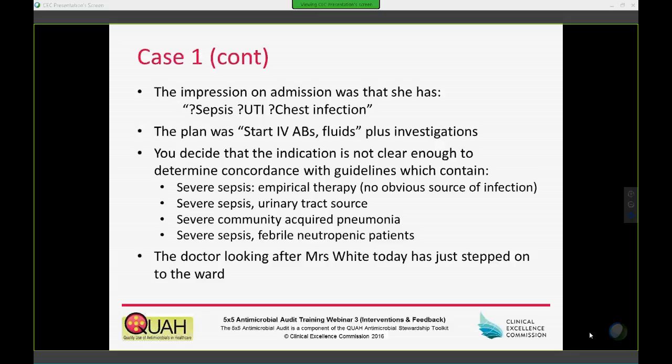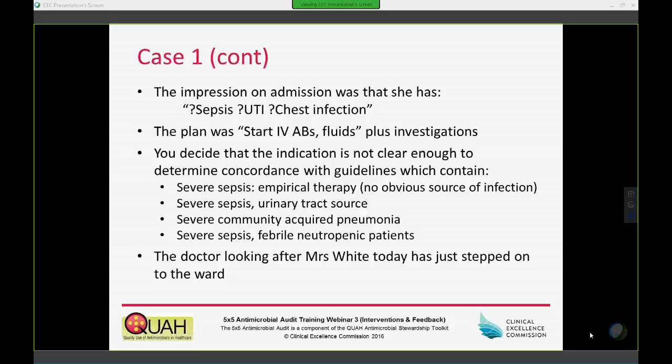So you go in to look at what the guidelines say for these indications, and you see that there's 4 possible things that it might be. So it could be severe sepsis with no obvious source, severe sepsis with the urinary tract source, severe community-acquired pneumonia, which is the same therapy as severe sepsis with a pneumonia source, and severe sepsis for febrile neutropenic patients.